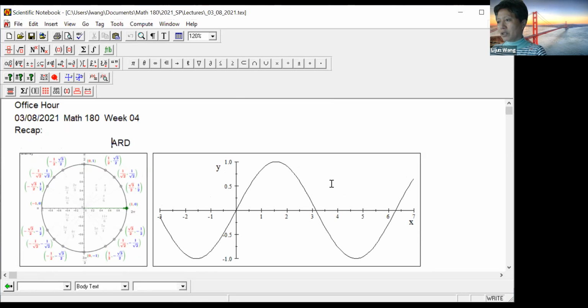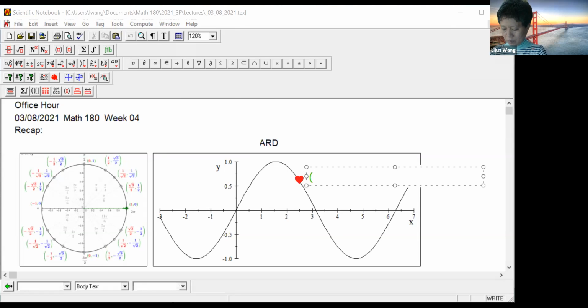If you look at the sine curve, right now you know how to read the sine curve, right? You have an arbitrary point on the curve, and this point will tell you the angle. It will also tell you sine of this angle.